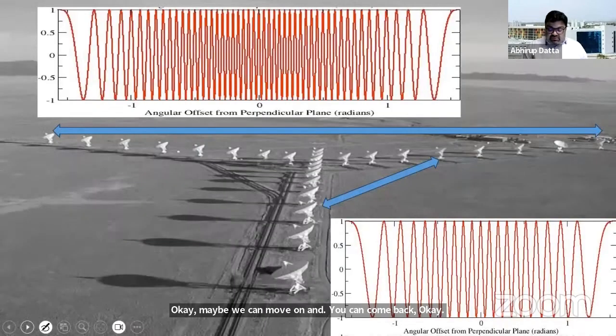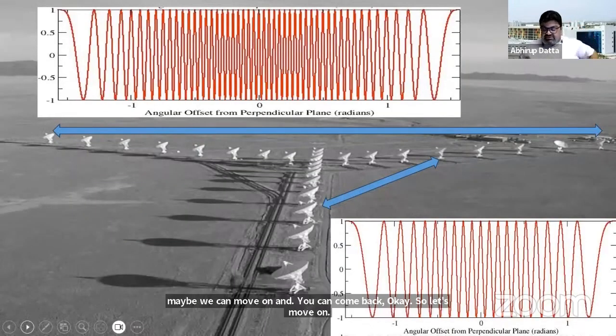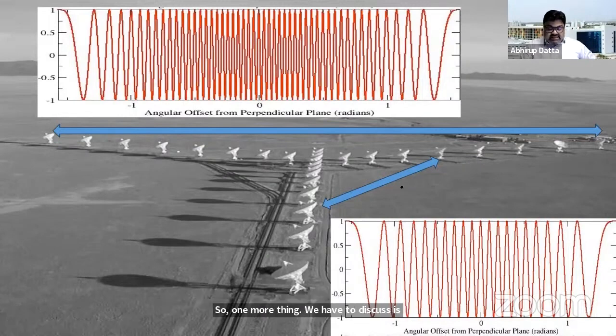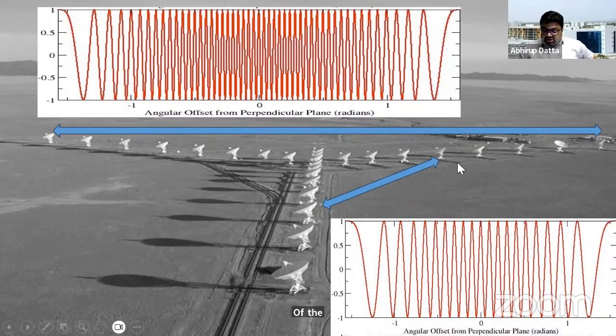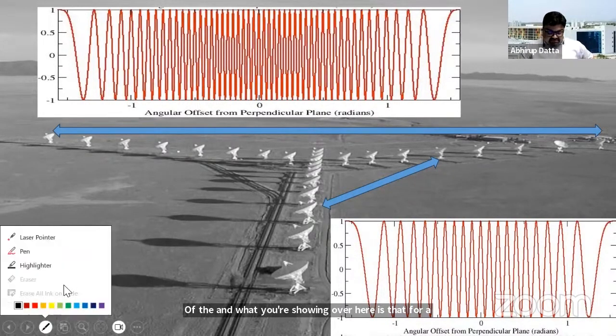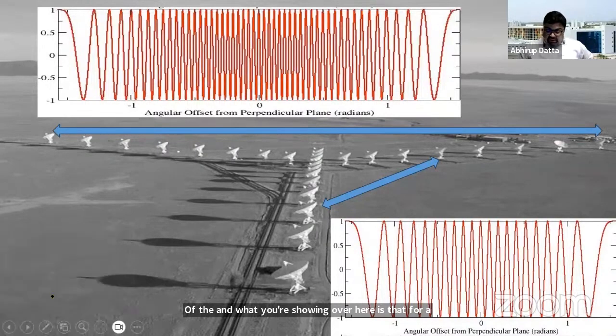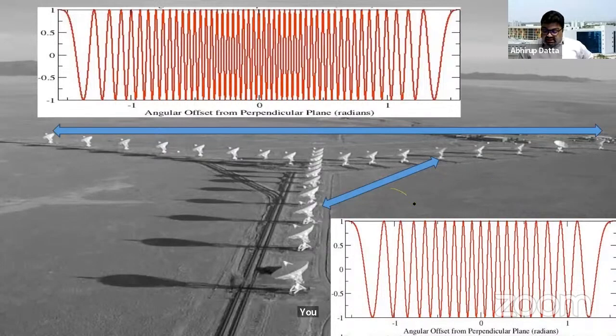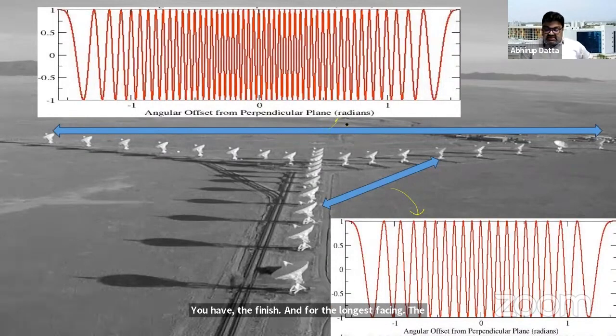Okay. So let's move on. One more thing we have to discuss is, as we showed, this is again the same picture of the VLA. What we're showing over here is that for a shorter spacing, you have a fringe which is slowly varying, and for a longer spacing, the fringe varies much faster, because the frequency of the fringe, omega, is proportional to the baseline.